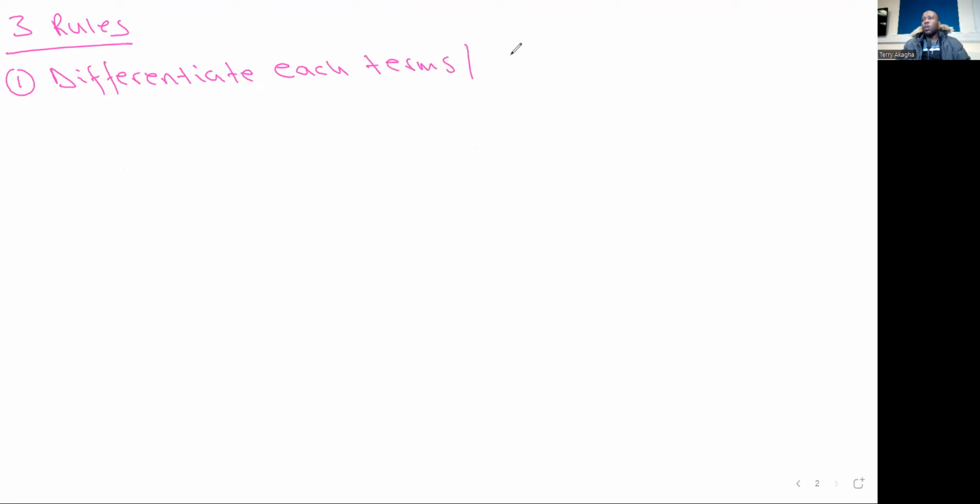Now, in order to solve this, there are three rules for this. All right. So we have three rules. So the first thing you have to do is that you have to differentiate each of the terms of functions. So you differentiate each of them using previous rules.